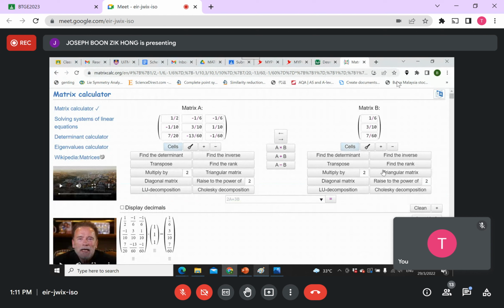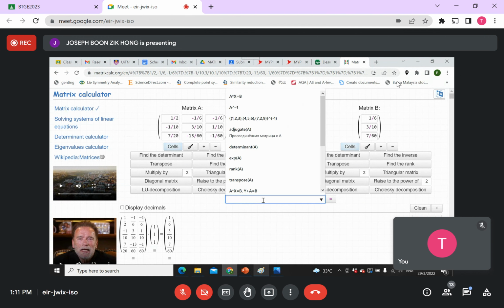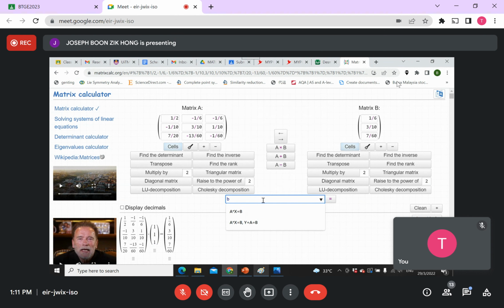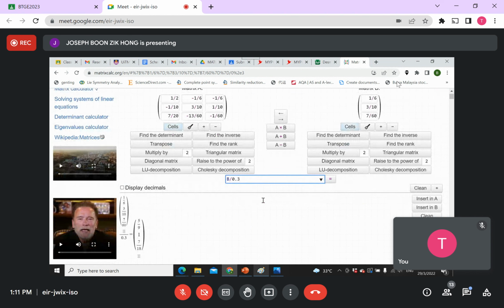If you are using the calculator, you can directly get this one. You get the answer and then you divide by 0.3, then you can directly get the answer. So this one is B divided by 0.3. Not sure whether it can work or not. Okay, can.